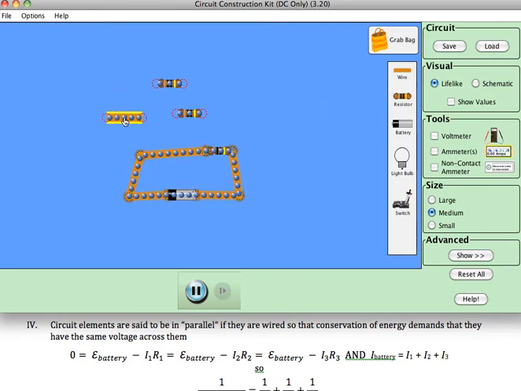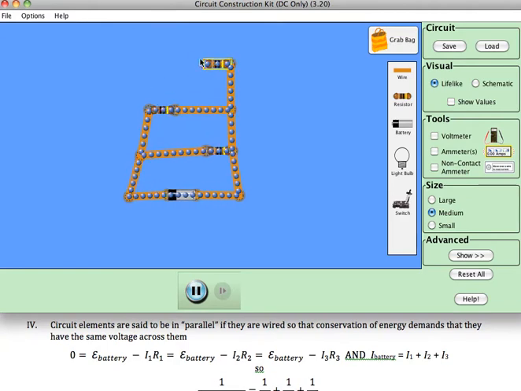So same voltage drop. How do I manage to get the same voltage drop across two circuit elements, or 3, or whatever I decide to do? The way I'm going to do that is by connecting them with a wire.